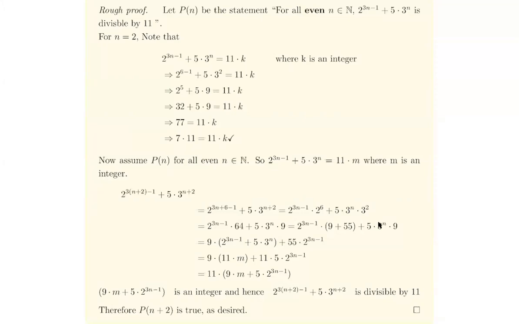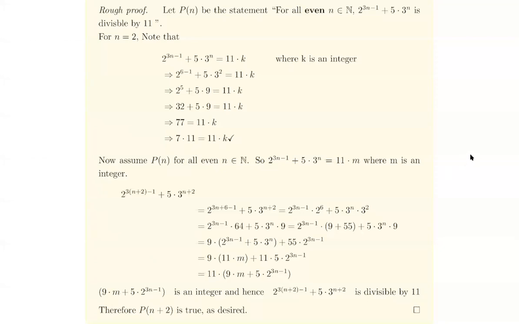I'll give you some time to work on this. It's out of 4.